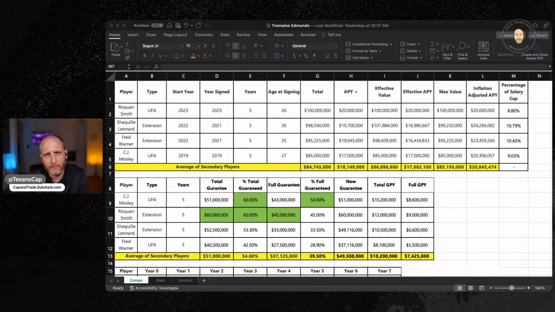It was pretty much expected that he was going to top that 20 million APY number. But still, he's a very, very good linebacker. He's only 26 this year. So, as you look at all these ages that these players are at, it's pretty close to what Edmunds is at. 26 at signing, 25. 27 with CJ Mosley.